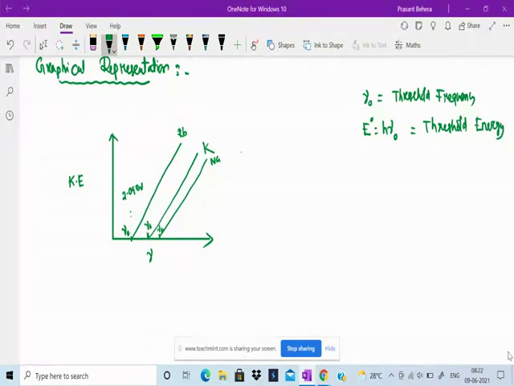This is the threshold energy, whose unit is electron volt, 2.09. This is the threshold frequency multiplied by h, Planck's constant.